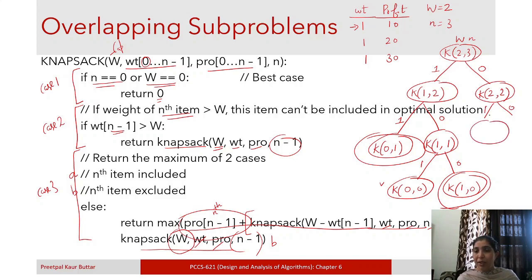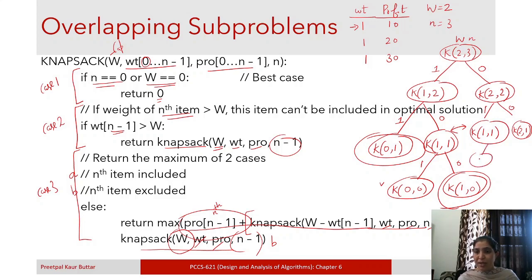If you include the item, then the weight left is 1 and the items left are also 1. If you exclude this item, then the weight is the same, 2, but the items decrease by 1. Here again we can see the same problem which we are encountering.